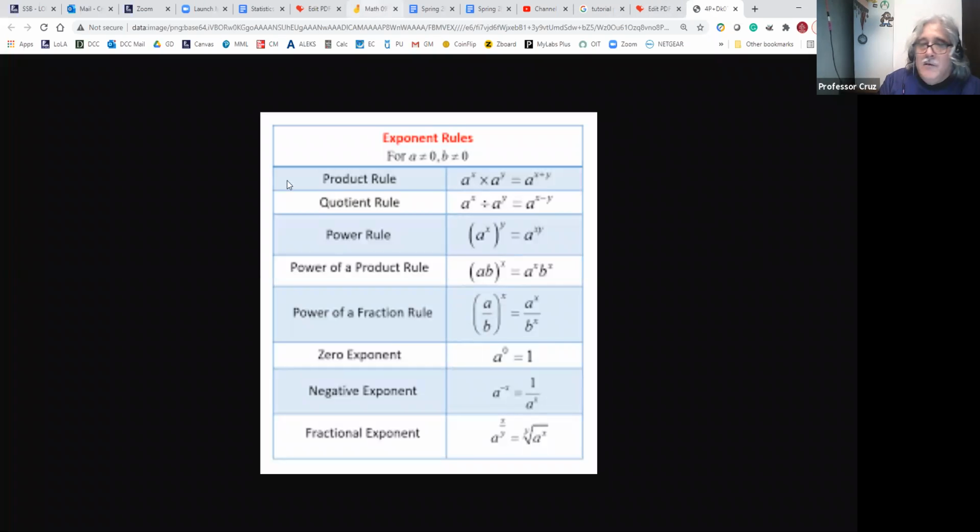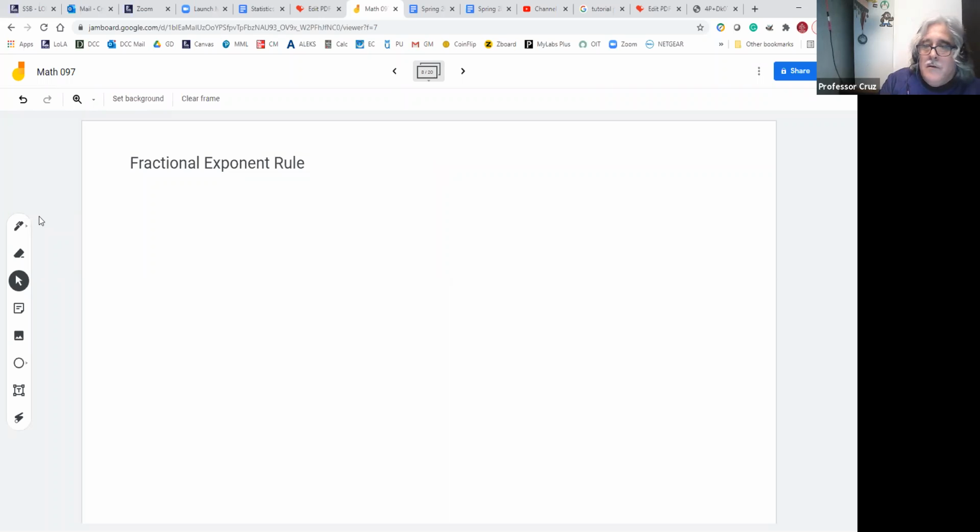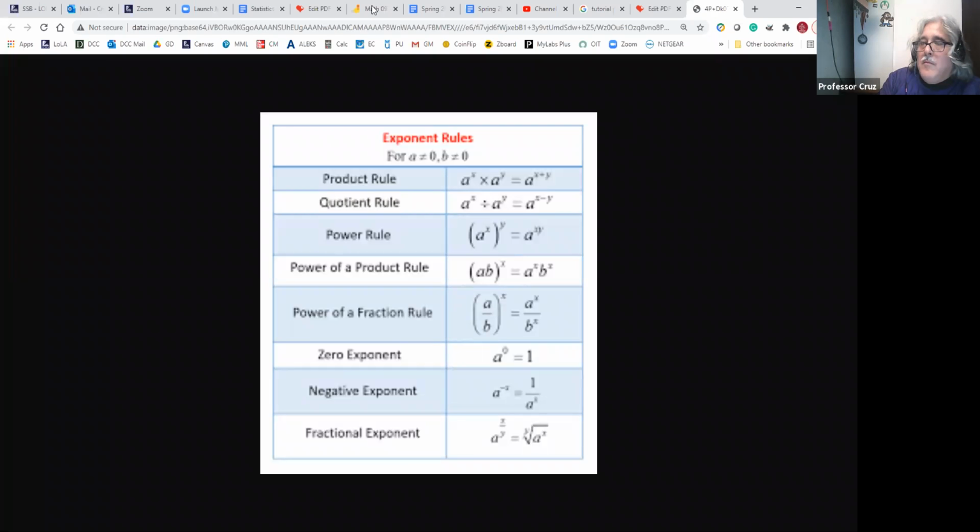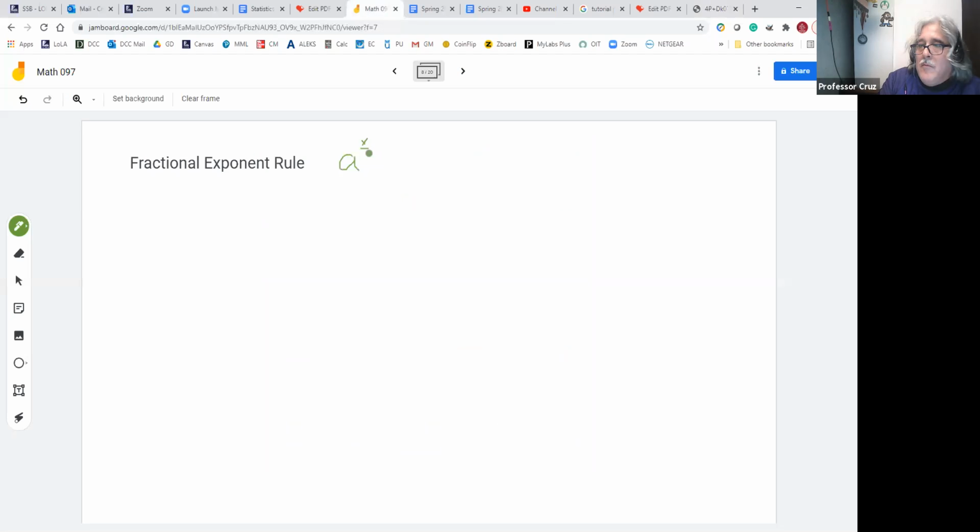So a to the x over y. Whatever the denominator is of this exponent that's a fraction goes in the crook.